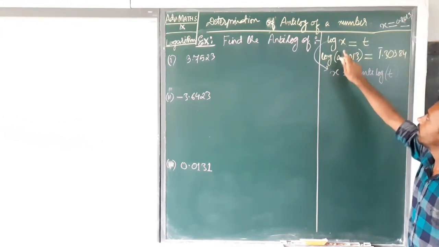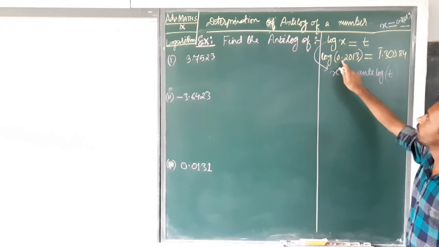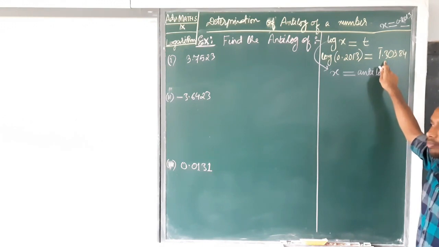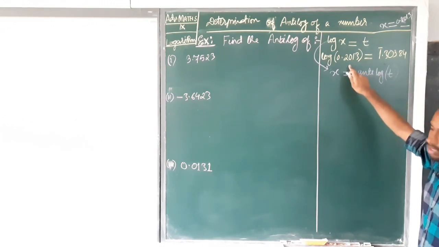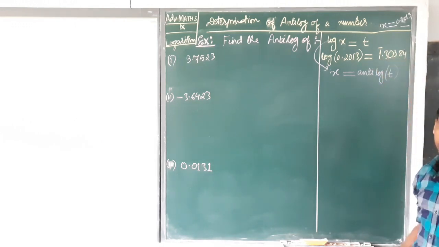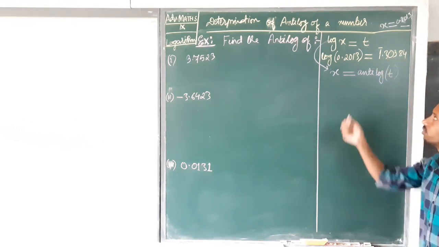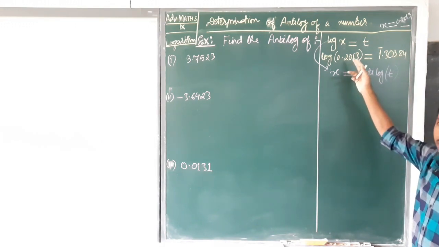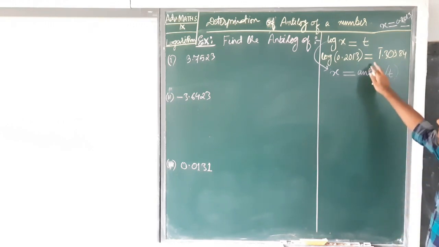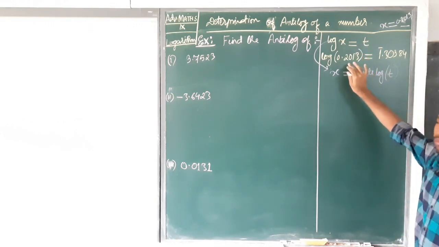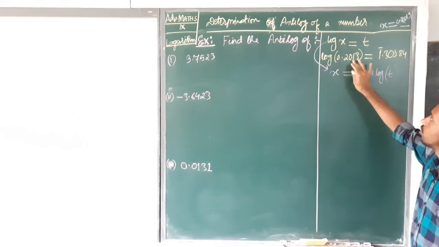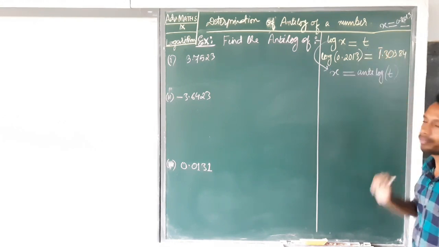When we know the value of x, 0.2013, we can find out the value of t after using the log table, and you can get the value 1.30384. In one of my videos I have already discussed how to use the log table to find out the log value of a number. You can check that video, you can easily understand. So I am trying to tell you here, if you know the value of x, that is x is 0.2013, we can find out the value of t.